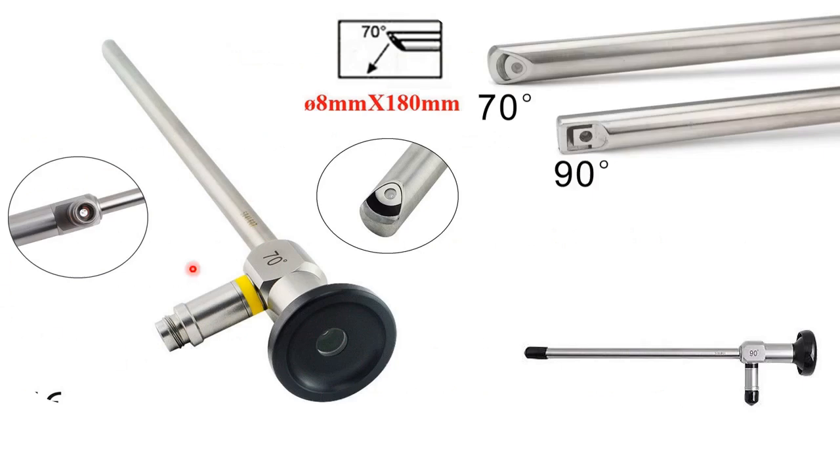The 70 degree is a straight endoscope, but the angle of the lens is 70 degree, and likewise 90 degree. Through the eyepiece we can visualize, and also we can attach a camera and see the images on the TV as well.